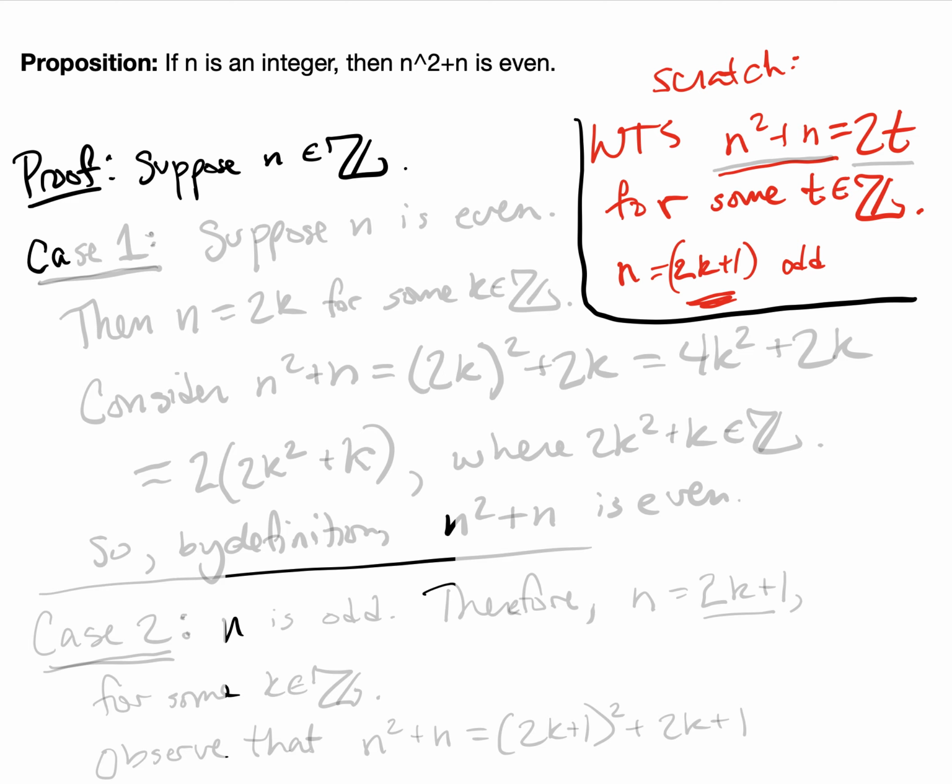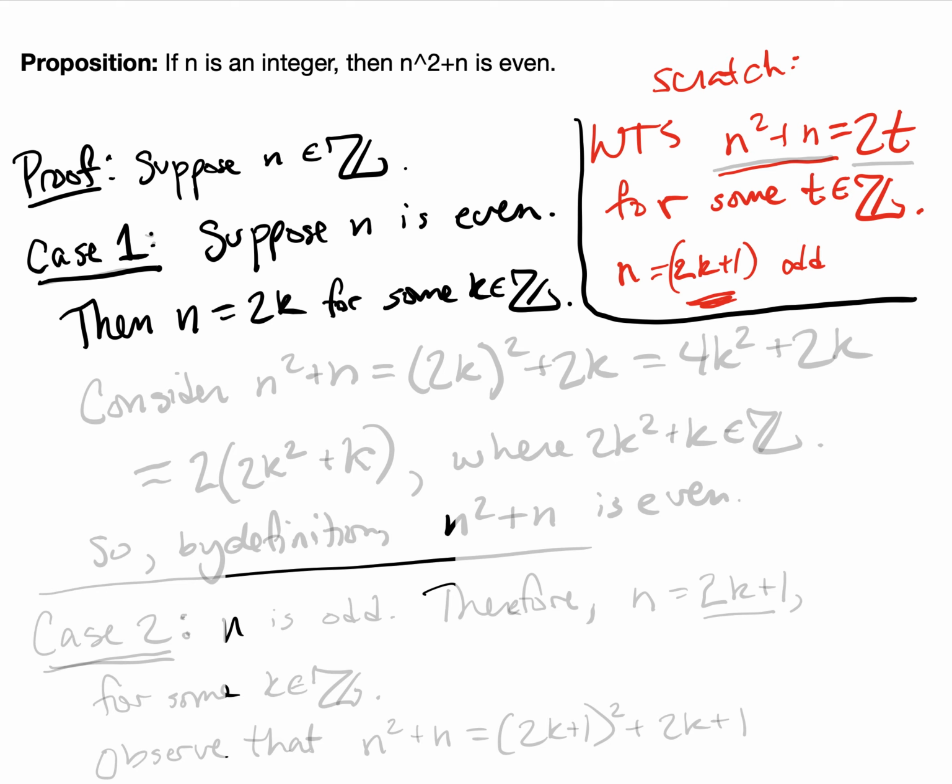Again, the order in which these cases are approached does not matter. So case 1, let's suppose n is even. Then by definition, n is equal to 2k for some integer k.